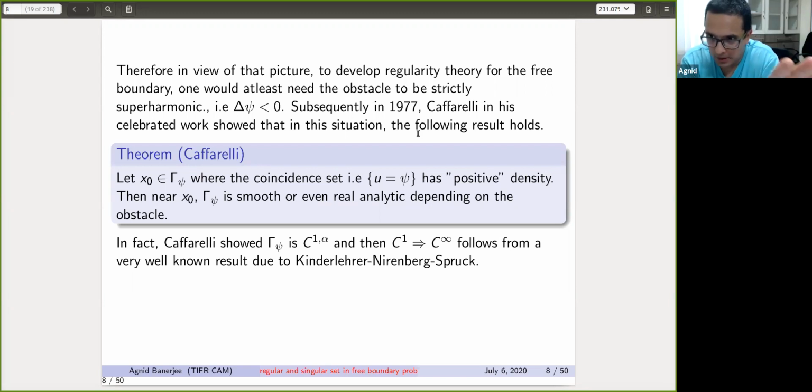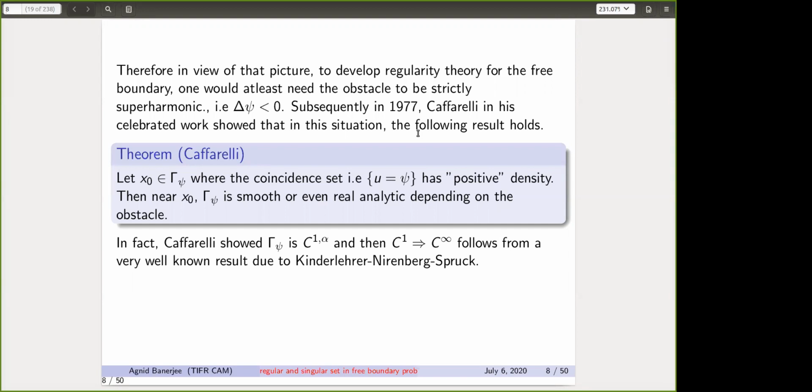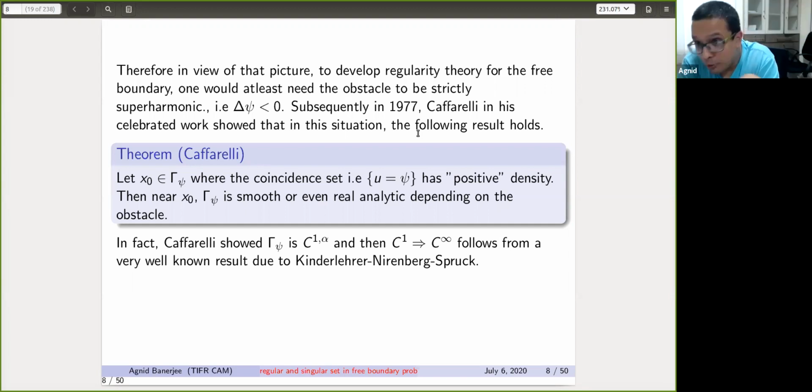Well, yes, the obstacle has to have at least some smoothness for the free boundary to have smoothness. However, even if you take psi to be real analytic, the best regularity that you get for the solution is only C^{1,1}, in view of what we had before. What is gamma psi? Gamma psi is the coincidence set, right? Or what is gamma psi? Sorry. Gamma psi is the boundary of the coincidence set.